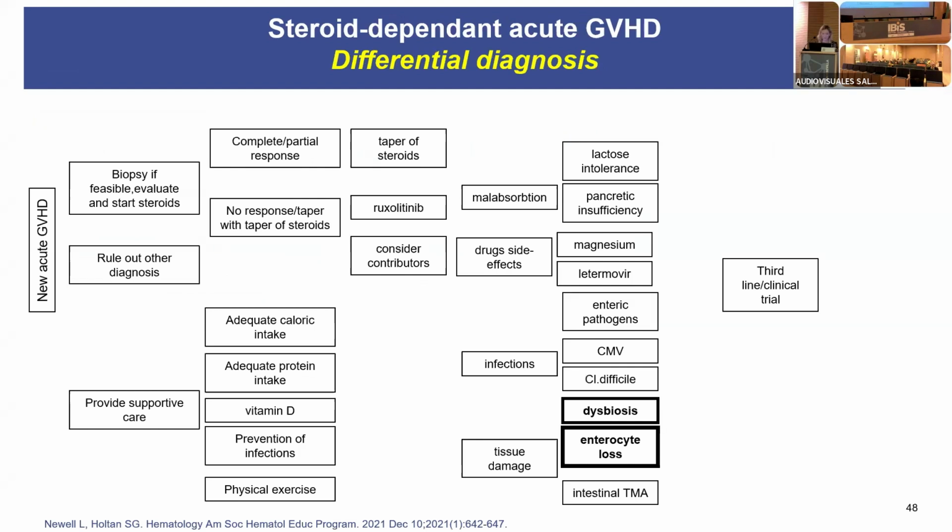So before getting to ruxolitinib, we have to be sure to provide very good supportive care, and I have mentioned it. So good caloric intake, protein intake, prevention of infections, vitamin D, physical exercise. All these parts are very important to get the best recovery of a patient if the immunosuppression works.